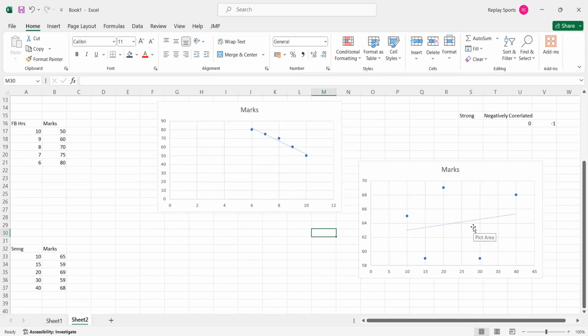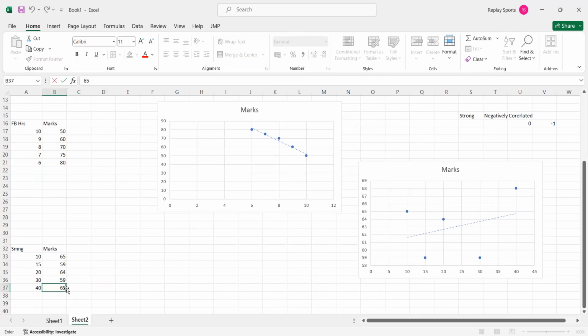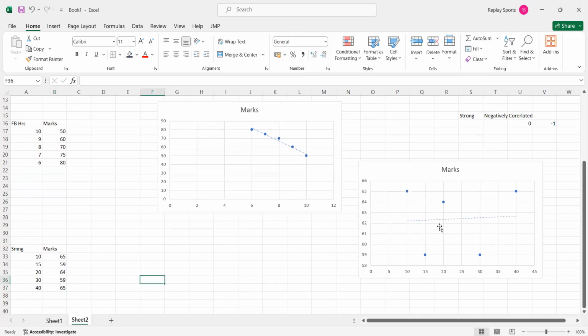But let's say this one is high, right? Second value, which is this? 20. If I make this 64, it is still high. I'll make this also 65. Now, in this case, it will be slightly positive, like 0.05.